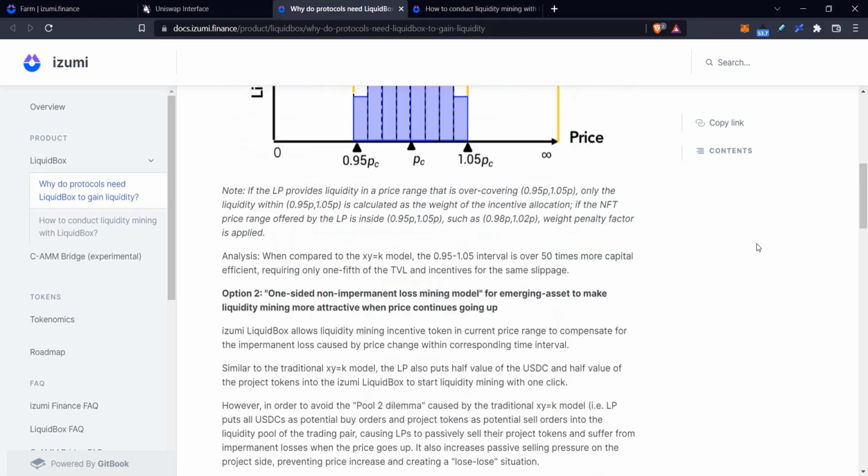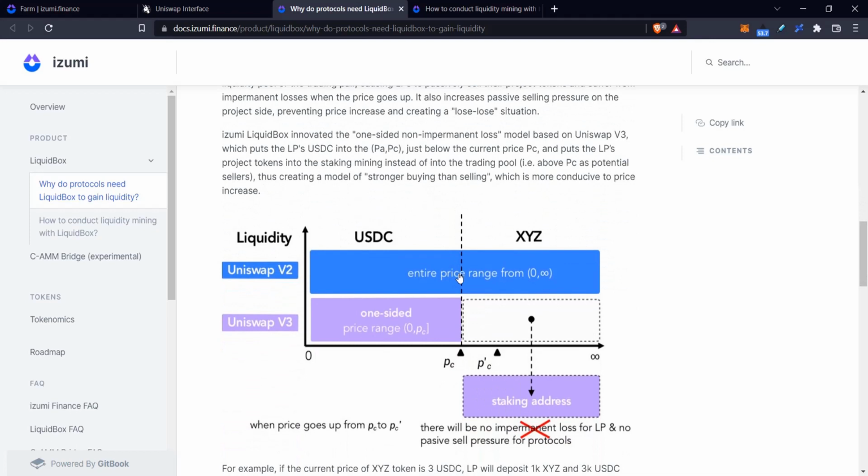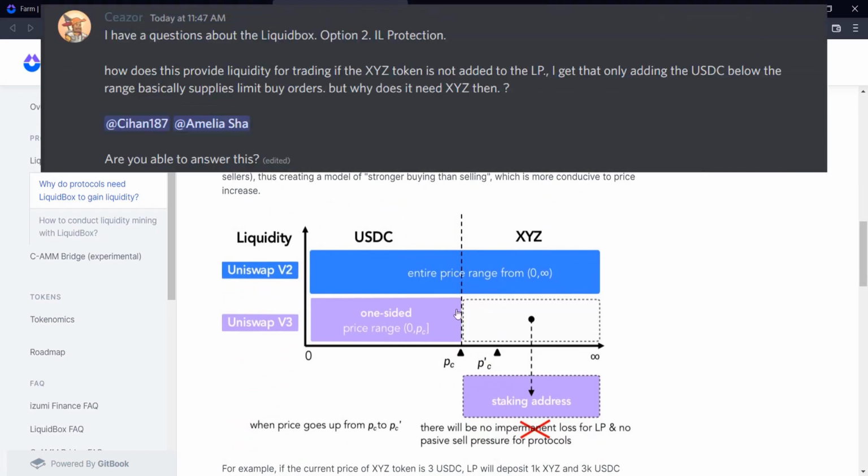Which is interesting. So if we move down, we have the next one that says one-sided non-impermanent loss mining model. Now this is interesting. I asked in the Discord for some more information about this, and I waited for a little while, but I did not get a response. So this one's a little bit foggy to me, but I do understand one part.